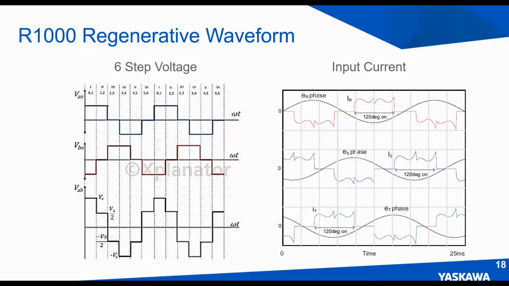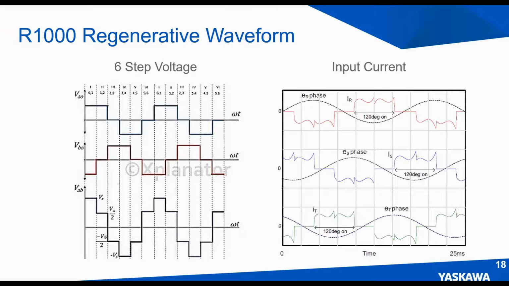You can see that with VAO and VBO, they basically just turn on and off consistently. So essentially, each output phase will simply turn on and stay on when needed. The combination gives you a very crude line-to-line sine wave, as you can see here. I'll trace it with a pen. So you can see the sine wave here that's generated with the 6-step waveform.